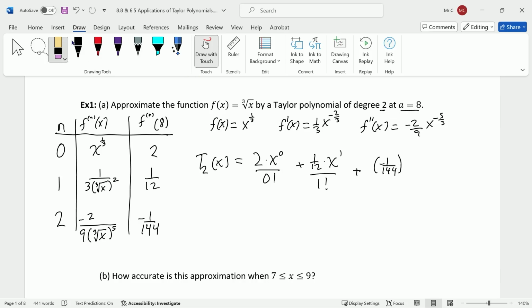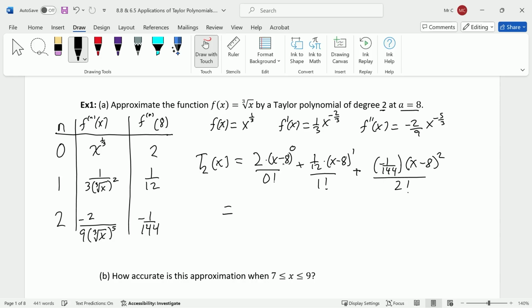And I put x to the 0 and x to the first, so I'm off to a great start with that typo. This should be x minus a, which in this case is x minus 8 to the 0 power, and x minus 8 to the first power. And then the next term should be x minus 8 squared divided by 2 factorial. So our standard Taylor formula, but we just stop at the second degree term.